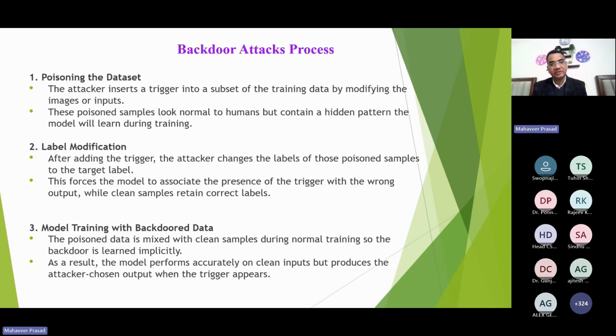The poisoned data is mixed with clean samples during normal training, so the backdoor is learned implicitly. As a result, the model performs accurately on clean input, but produces the attacker's chosen output when the trigger appears. So when the trigger comes, your model will behave in a totally different manner.